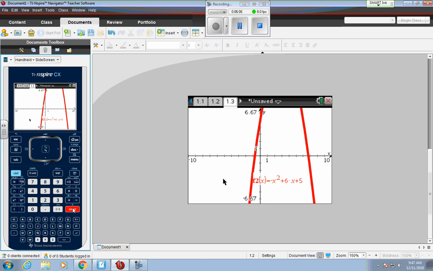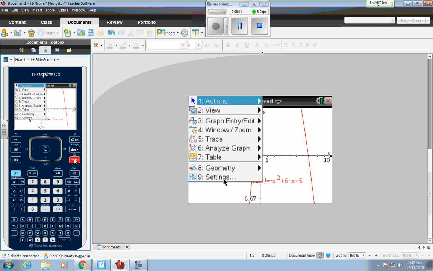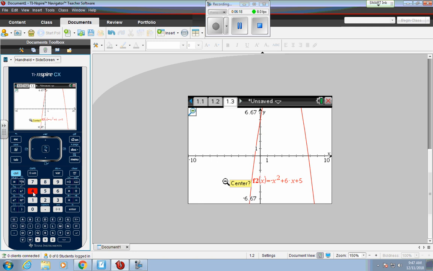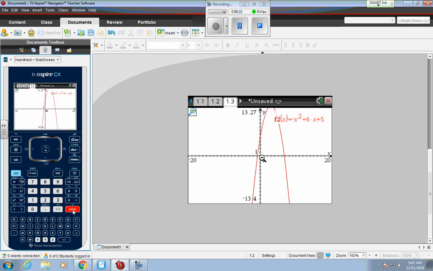Graph it. You can see it's outside the scope of your window. If you want to zoom out, you can. Menu, 4, zoom out, 4, center, go to the center, enter, and you zoom out.